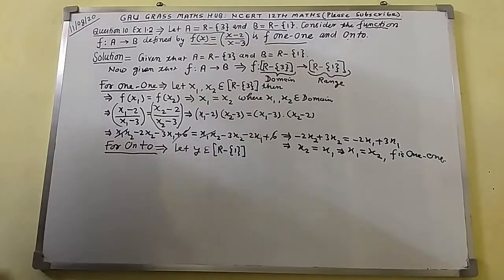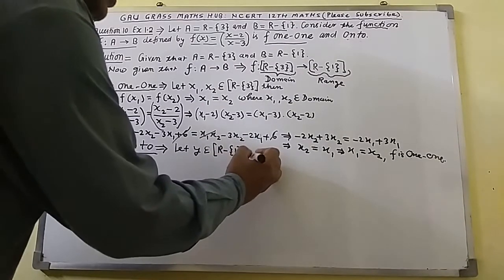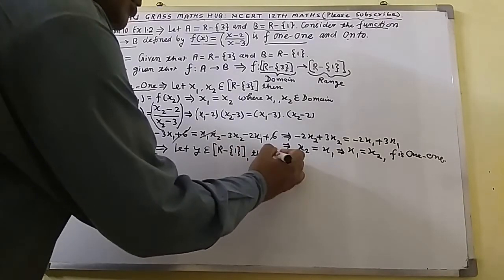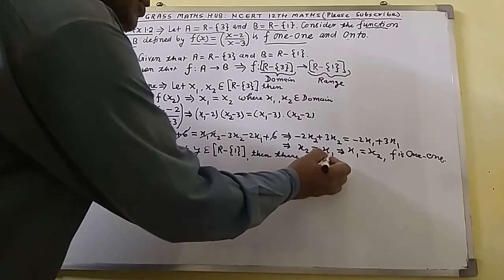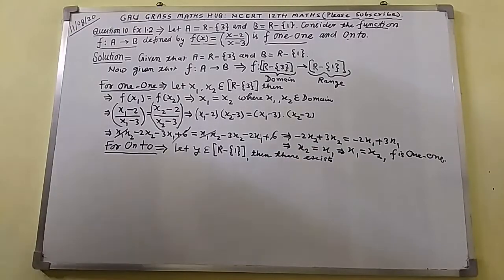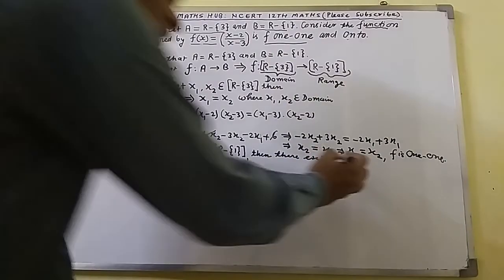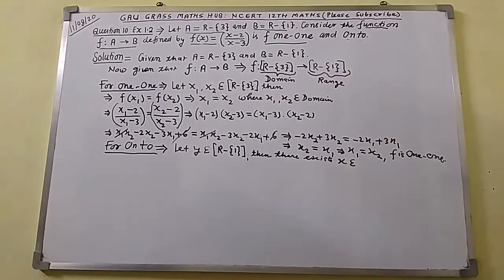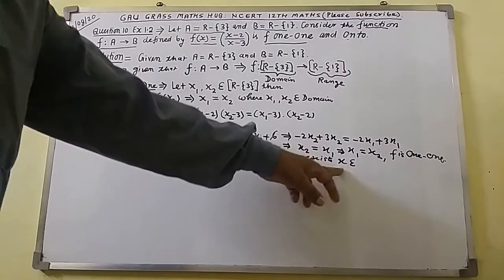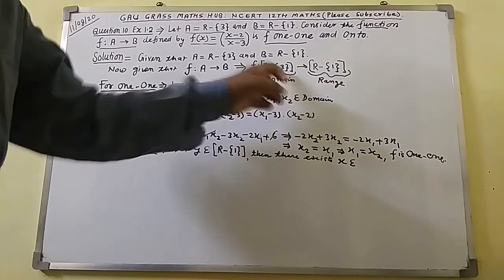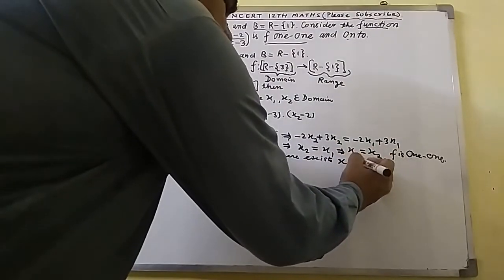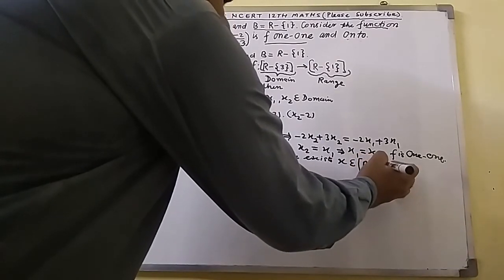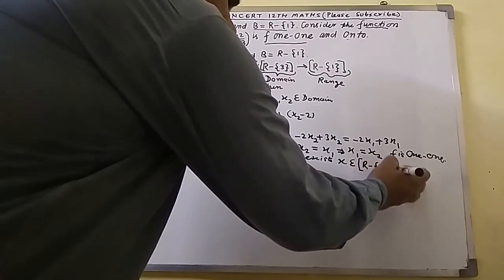So let us see. So here I shall write, then there exists x belong to domain. So what is domain? You can write here this one: domain, square bracket capital R minus curly bracket 3, curly bracket close, bracket.